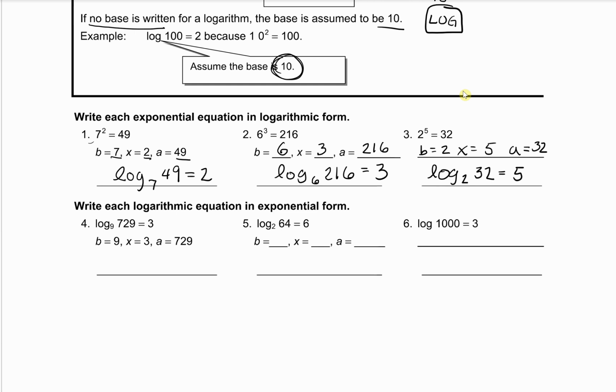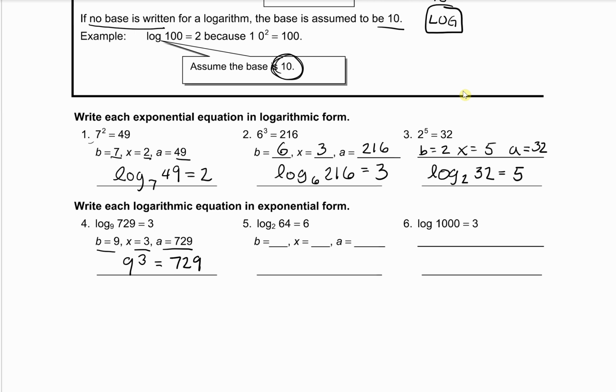And as I said, you can translate back to exponentials if you have the corresponding log function. Log base 9 of 729 equals 3. My base is 9. My exponent is 3. And its value is 729. So 9 cubed, or 9 to the 3rd, is 729.